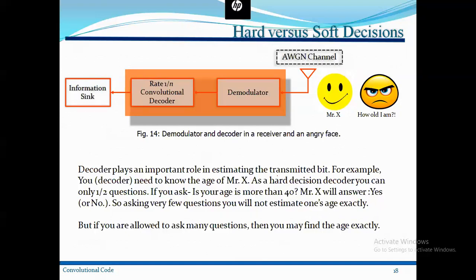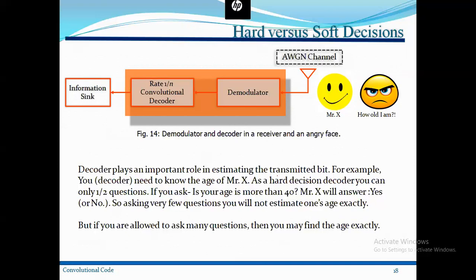For example, you want to know the age of a person, and you ask whether your age is more than 40. So he can answer yes or no. In that way, you are not sure about his age. So you ask several questions.